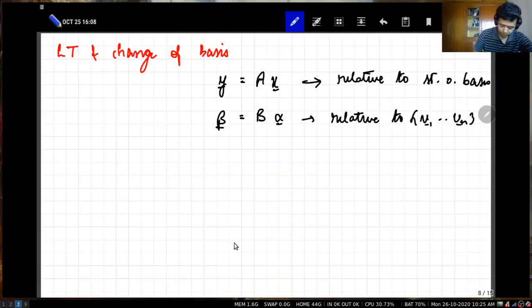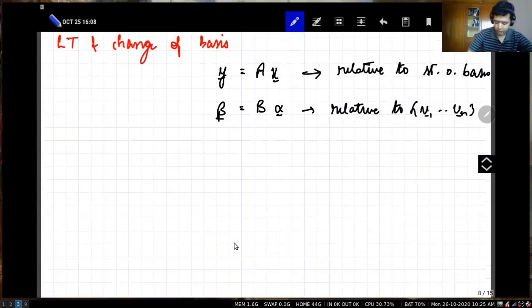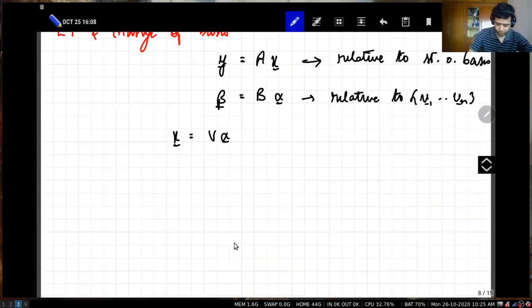Okay, so now we want to get the relationship between A and B, right? But we just saw that x is equal to V times alpha, and similarly y is equal to V times beta, right?